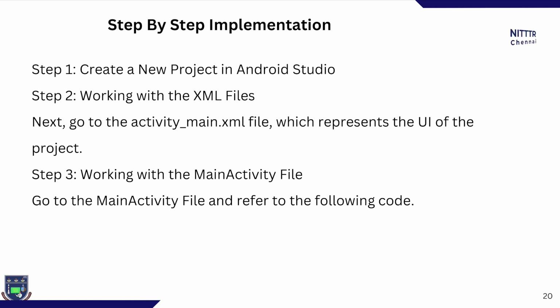Next, the second step is working with the XML files. Here we define the user interface in the activity_main.xml file. We are using ConstraintLayout as the root layout and adding a TextView to display a simple message to the user.